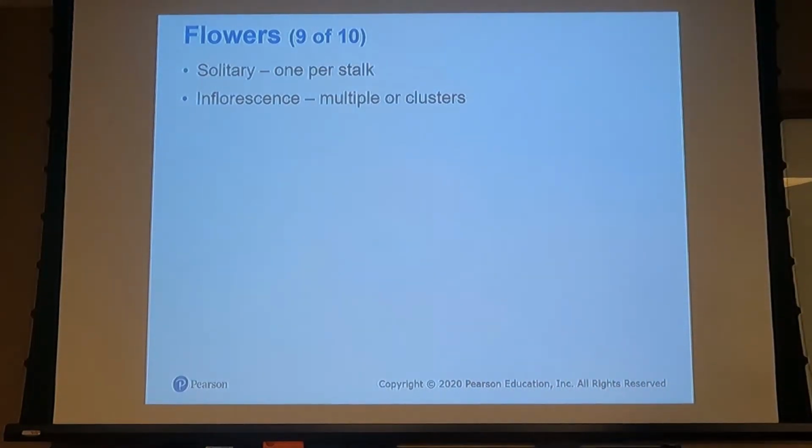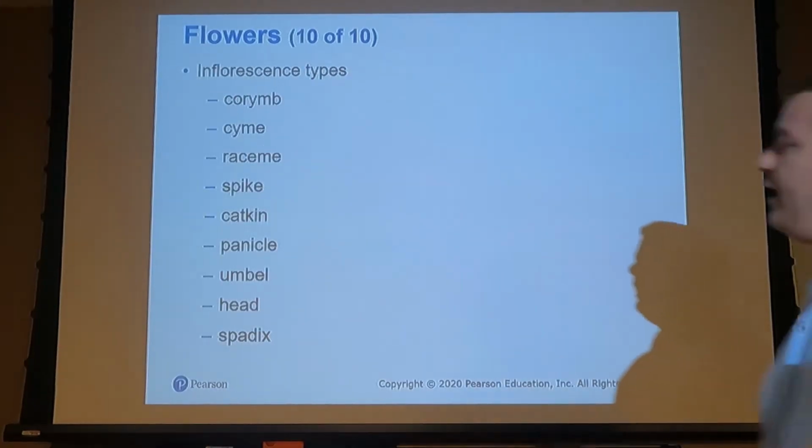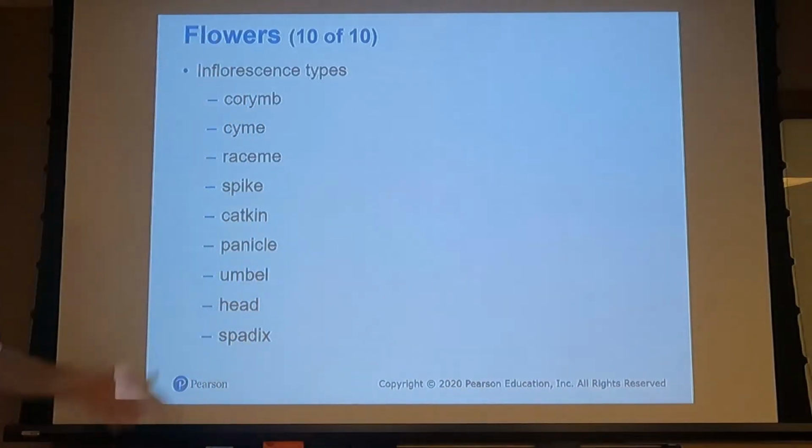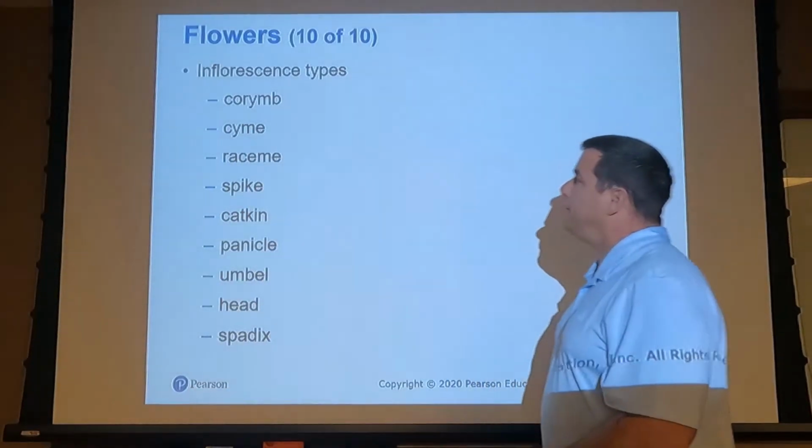We have an inflorescence, which is multiple or clusters of flowers. And then there are a ton of different inflorescence types, right? This is something that you would likely learn in plant science lab.